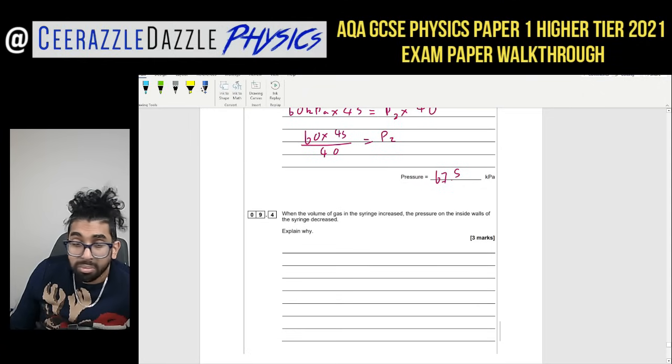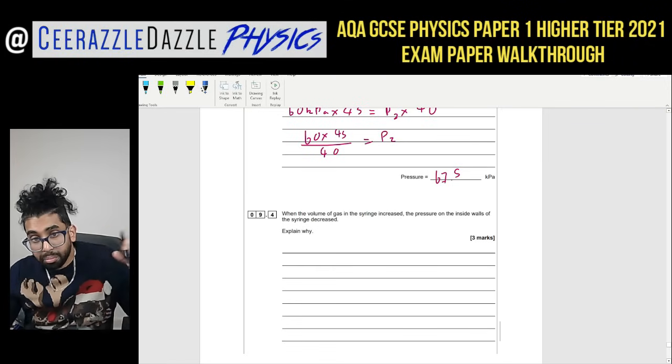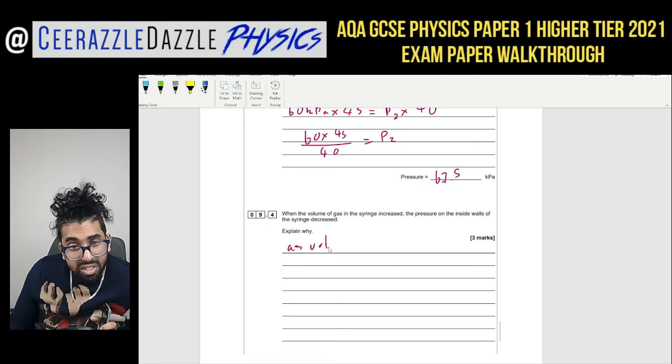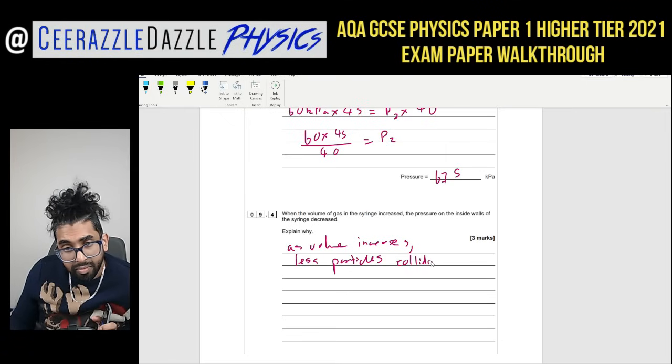9.4, when the volume of the gas is increased, the pressure on the sides of the walls decreased. Explain why. If you make the volume bigger, what's going to happen to the number of collisions of the particles per second? As volume increases, there are fewer particles colliding with the walls per second. That's the main thing.